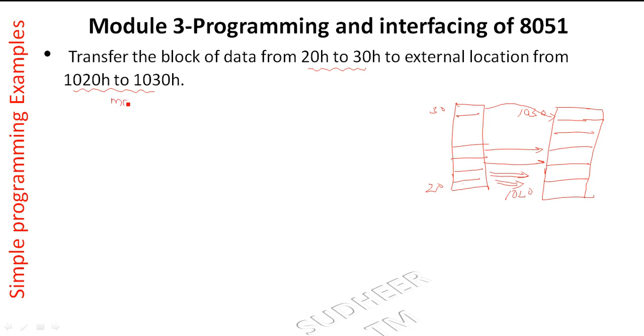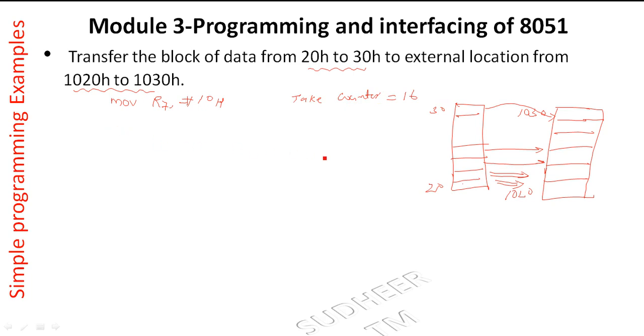So move R7 comma #10h. This 10 is actually 16 in decimal. Sorry, 16 in decimal actually. 10 in hexadecimal is 16 in decimal number. So our counter is equal to 16. Okay.